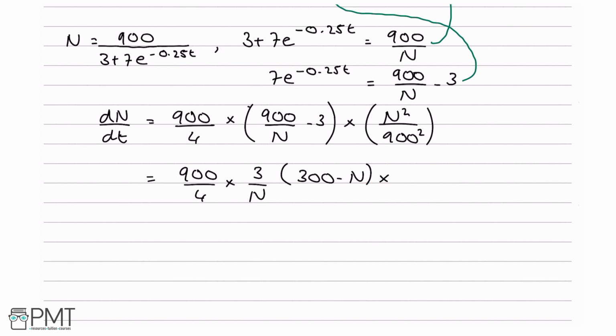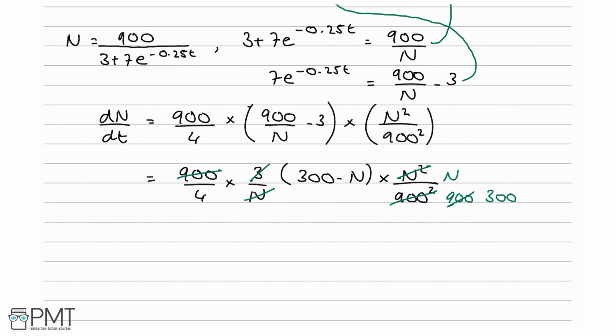And then this is going to be times n squared over 900 squared, okay? What I'm going to do now is start cancelling terms. So this 900 squared and 900 cancel, so all you're left with is 900. This n and this n squared cancel, so all you're left with is n. And then this 3 and this 900 again cancel, so all you're left with is 300. Okay?